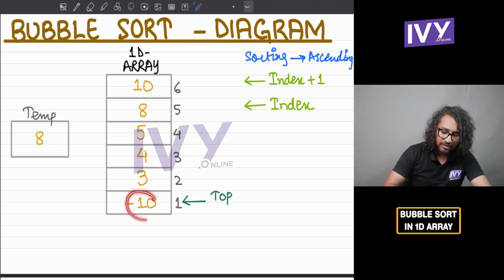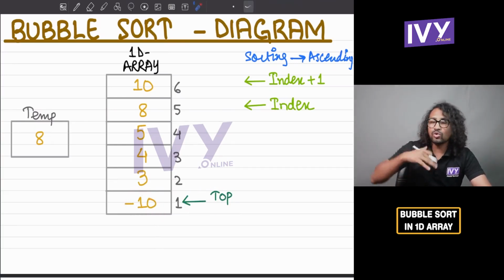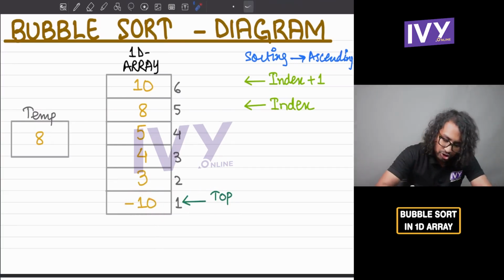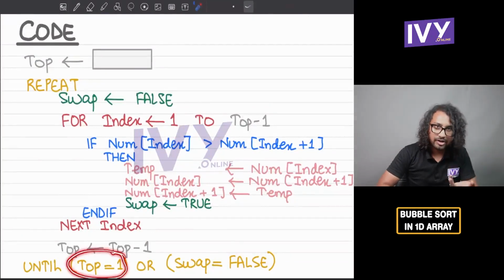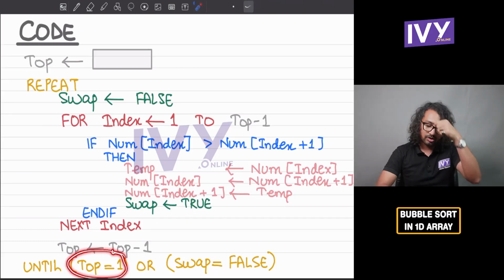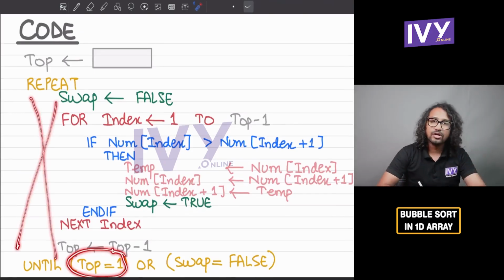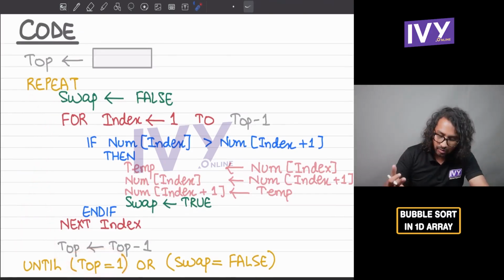And obviously, if only one thing is left, it is already sorted, so you don't need to move any further. That is exactly what we have written here. If top is equal to 1, things are sorted, so you terminate the repeat loop. If top is not at 1, you need to restart and go for swapping and sorting again, right?